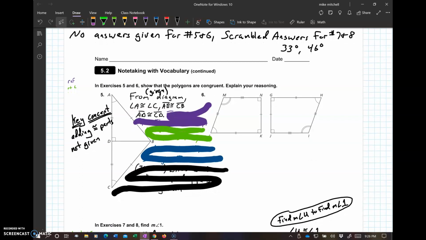Okay, this one I've done some parts already. So writing a proof and justifying things like we're supposed to do in here, explaining your reasoning, isn't necessarily about writing it out. Writing it out is just saying, hey, this is what I did. Look at the diagram, see what you can get there. We got a lot of stuff given over here. I got marked that down. That's angle A congruent to angle C, segment AB congruent to segment CD. All that stuff is marked here. And then I also got this right angle here.